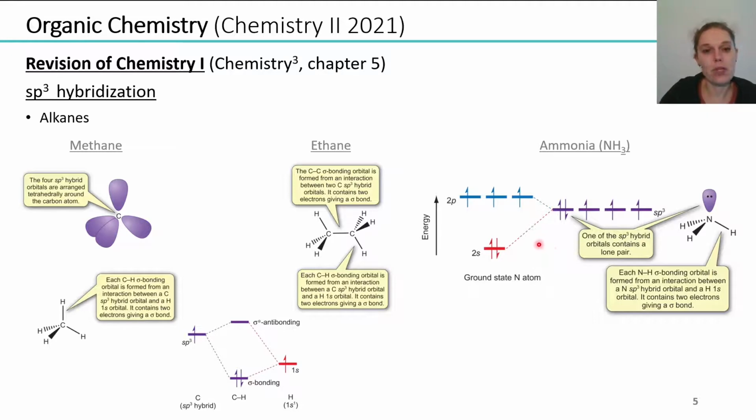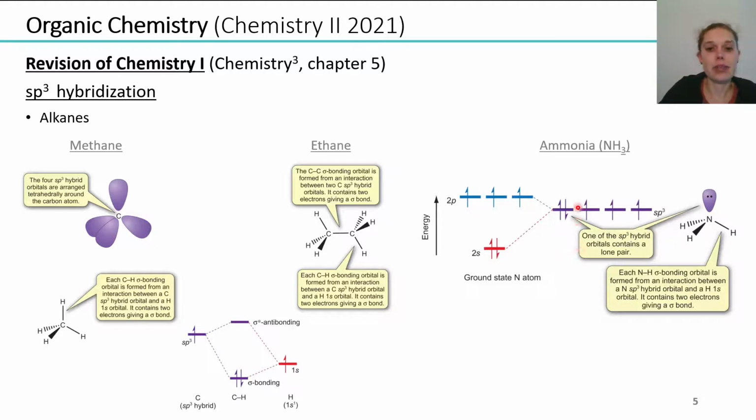So we have the ground state of the nitrogen here with the 2s orbital and 2p orbitals. And then we have this interaction to give 4 identical sp3 hybrid orbitals, and then we fill the 5 electrons inside the sp3 hybrid orbitals.